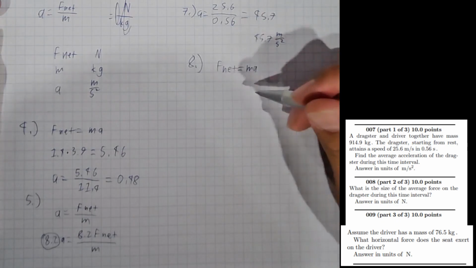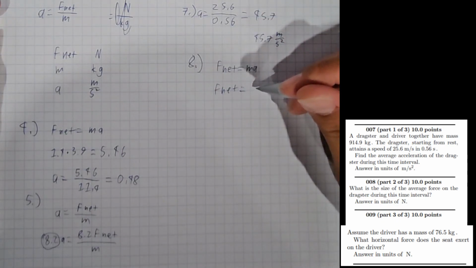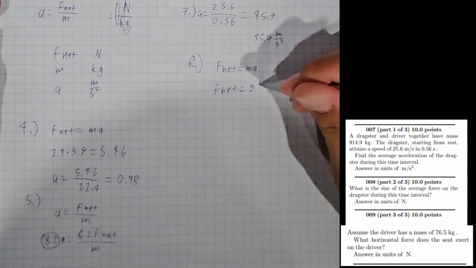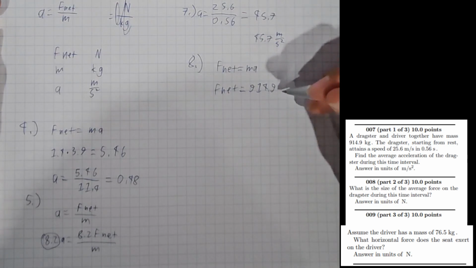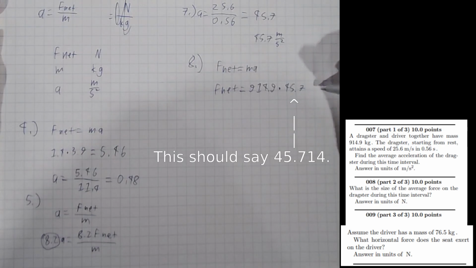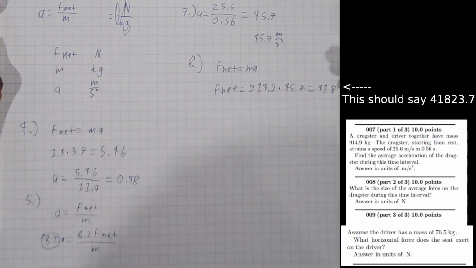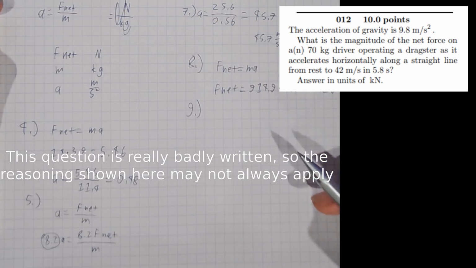This is the acceleration, so this equals the mass here, which is 914.9 kilograms, so we don't have to convert units, multiplied by 45.7 meters per second squared. And this is going to be 41,823.7.